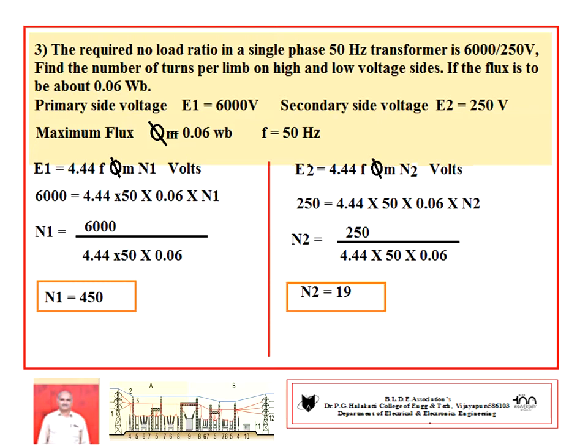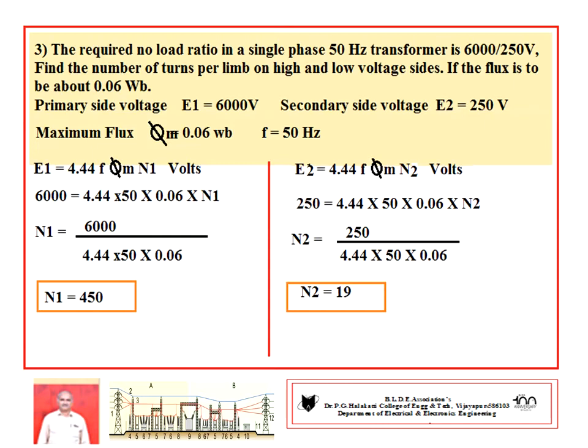Again here, high voltage side, low voltage side. High voltage means primary. So directly you can use primary voltage or high voltage side voltage E1 equal to 4.44 F phi m into N1. You substitute all the values, you are going to get directly N1 450.